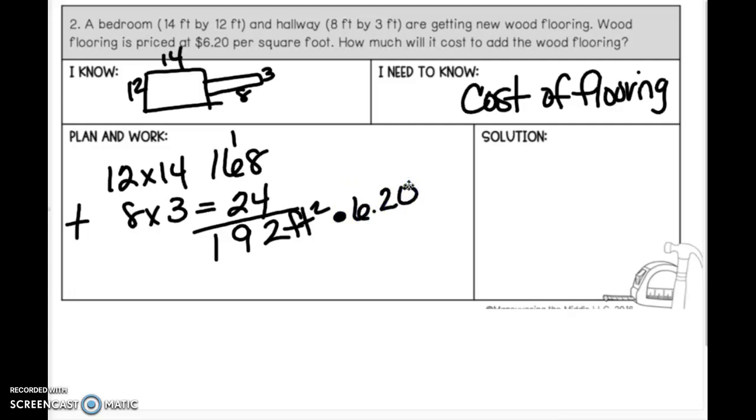So 192 times 6.20, and it is going to cost us, multiply that out, $1,190.40. Whew, flooring's expensive.